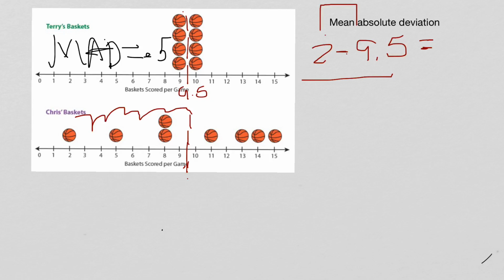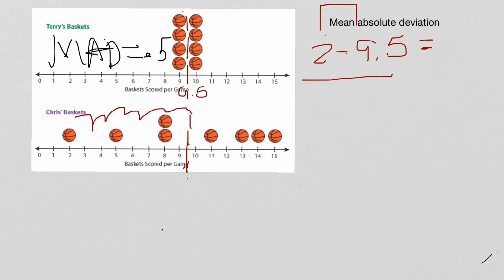And that brings in the word absolute. The absolute value of any number is the distance it is away from 0, or in this case, the distance away from 9.5. So we're going to assume whatever number comes out on our calculator is positive.